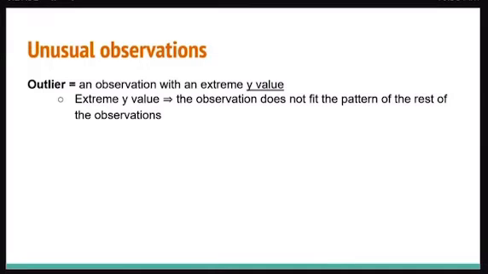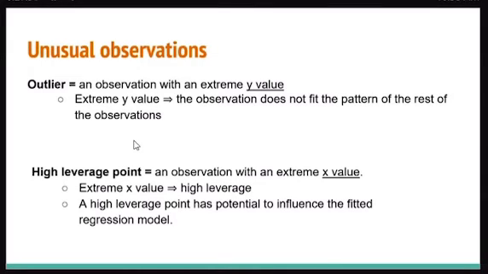But if I have an observation with an extreme value of x, what is it called? It is called a high leverage point. So an observation with an extreme y value is called an outlier, but the one with an extreme x value is called a high leverage point. Whether outlier or high leverage point, they are classified as unusual observations.